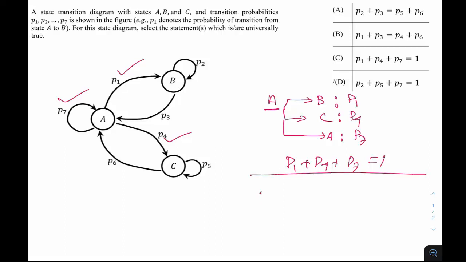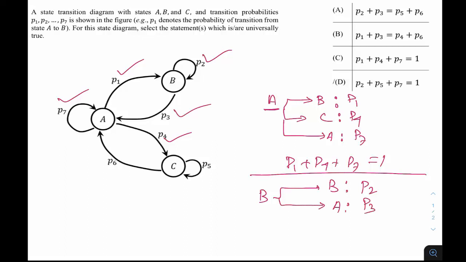With the same logic, if the present state is B, where is it going? If the present state is B, the next state is again B with probability P2. The next state can also be A with probability P3.